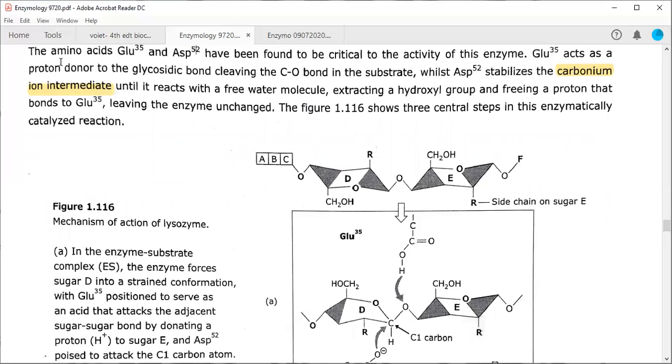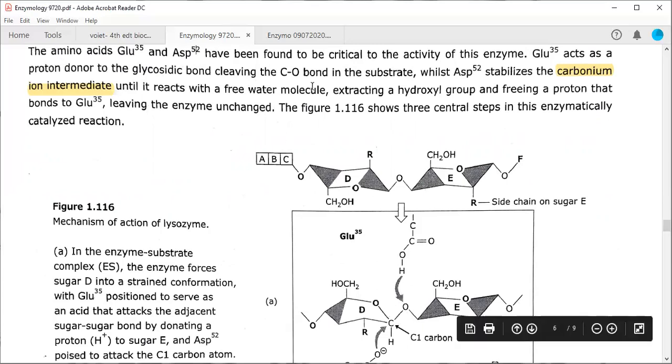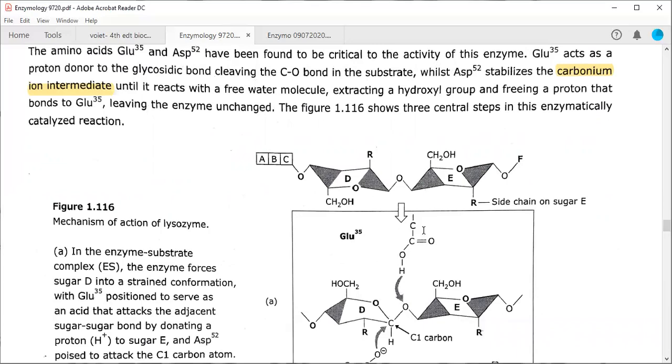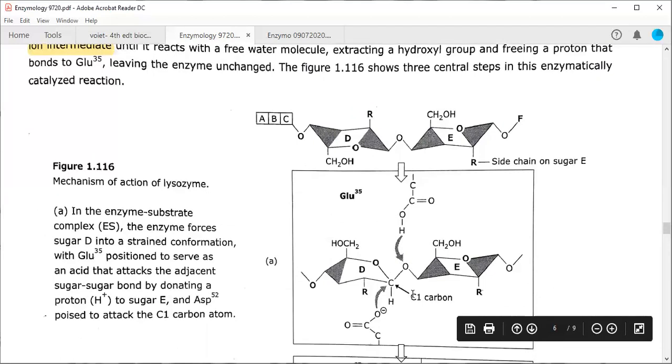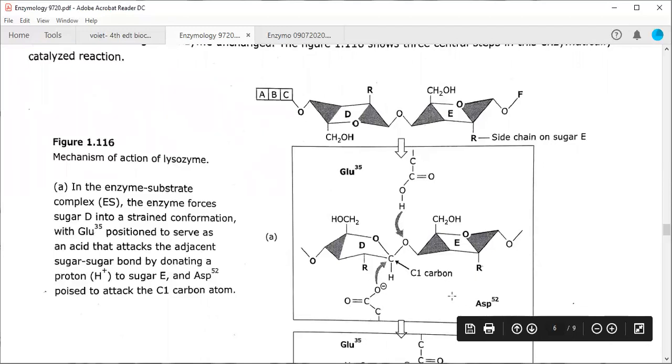So it is donating a proton to this beta-1,4 glycosidic bond in the substrate, where the second acidic amino acid, that is aspartate 52, is going to stabilize the intermediate, which is going to form this carbonium ion intermediate.